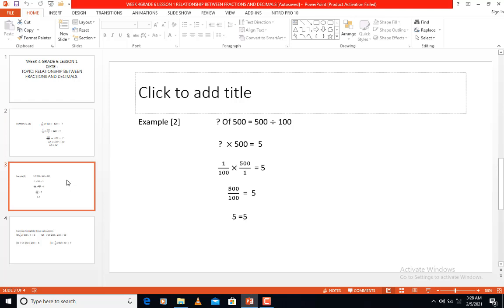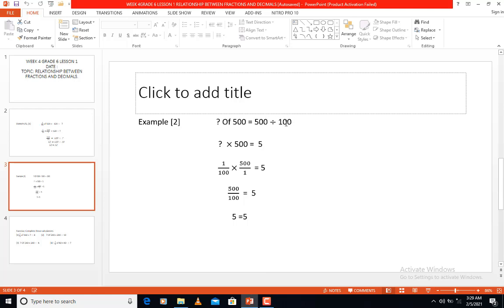Now let's look at another example. We have this: a certain number represented by a question mark of 500 is the same as 500 divided by 100. So in this case, let's find the answer. Now here, question mark multiplied by 500 is equal to 500 divided by 100.